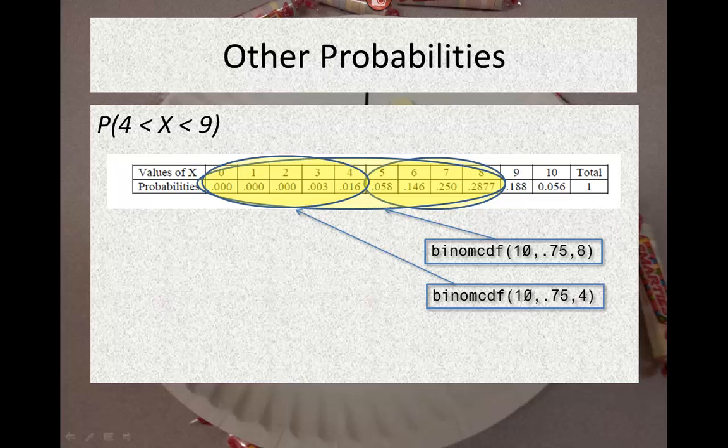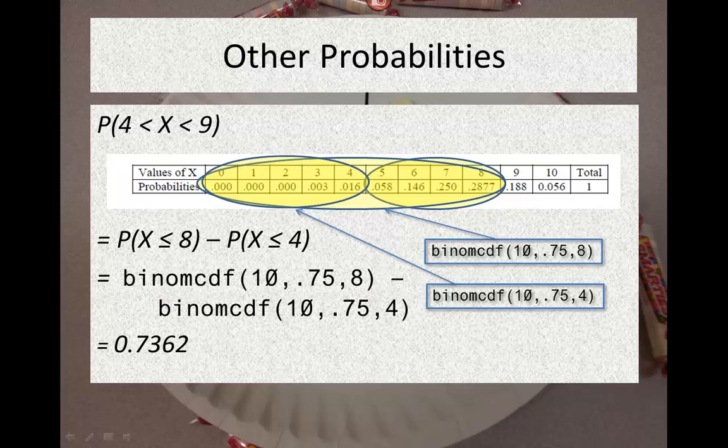But we can get the probability of those using the binomial CDF command. It's the probability of less than or equal to 4. So we want the probability that x is less than or equal to 8 minus the probability that x is less than or equal to 4. Using the respective binomial CDF commands, we find that the probability is 73.62%.